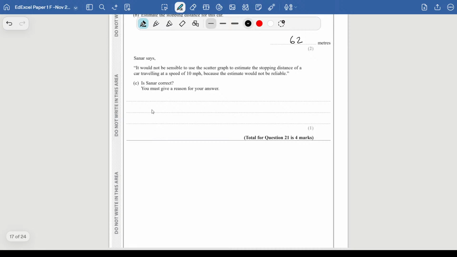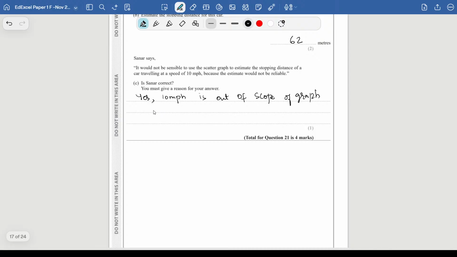Yes, I would say he is right because 10 mph is out of the scope of the graph. If we try to find an answer for it, it would not be reliable. So any answer would not be reliable.